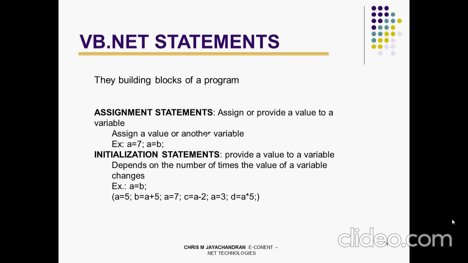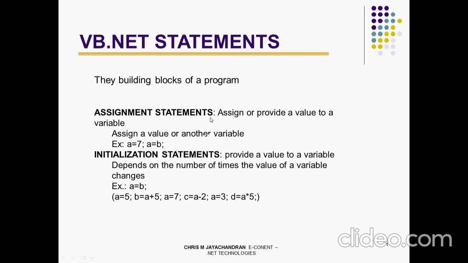The first statement that we have in VB.NET is called the assignment statement. An assignment statement is typically where you are trying to assign or provide a value to a variable. A variable could be assigned with another variable.